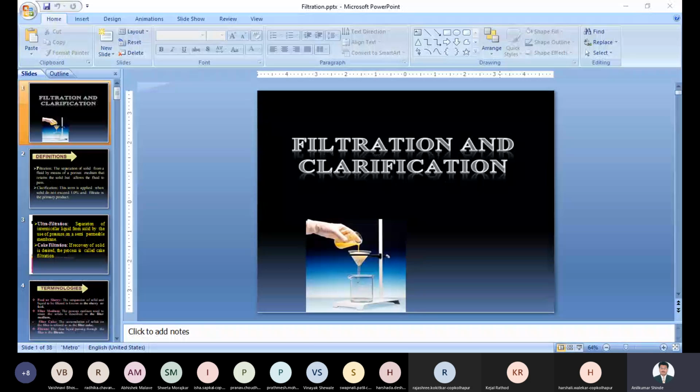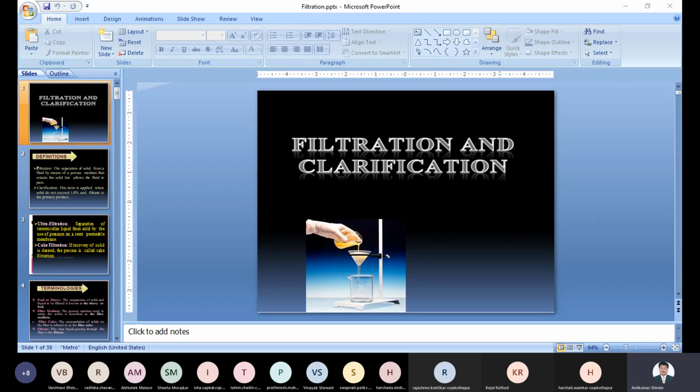So filtration is a process in which we filter the liquid, the suspension, the mixture, the solutions. They remove the solid particles from the liquid, right? If you have prepared any type of formulation, suppose you have prepared a solution, the solution contains solid material dissolved in the liquid.